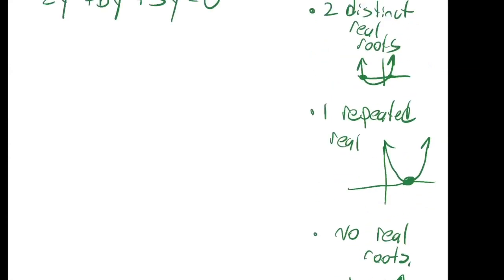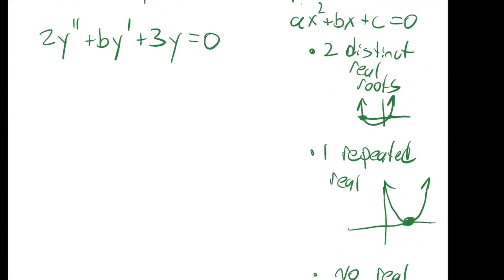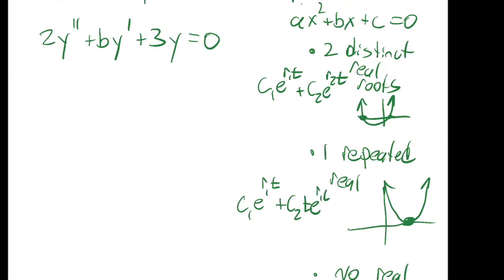And so we've talked about each of these scenarios and how based on the roots, we get different forms for the general solution. So when we have two distinct real roots, it looks like this. When we have one repeated real root, it looked like that.